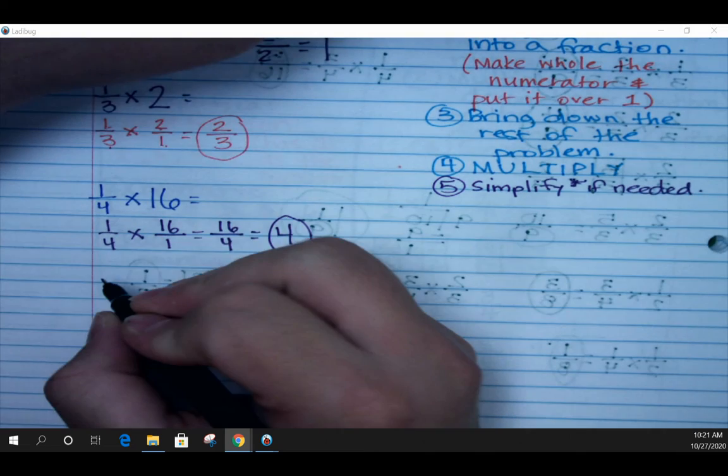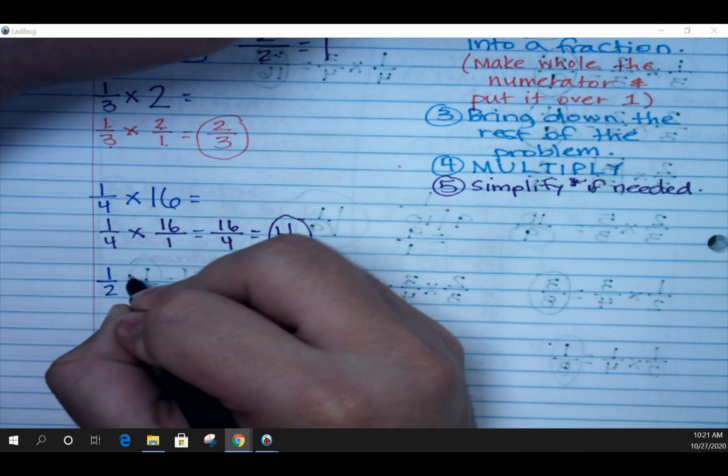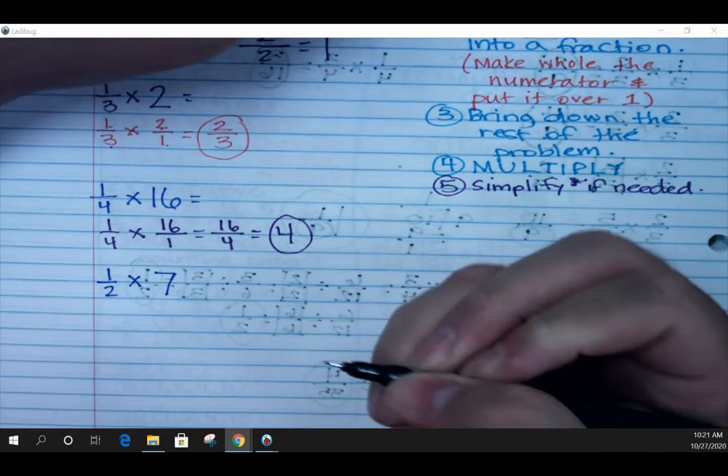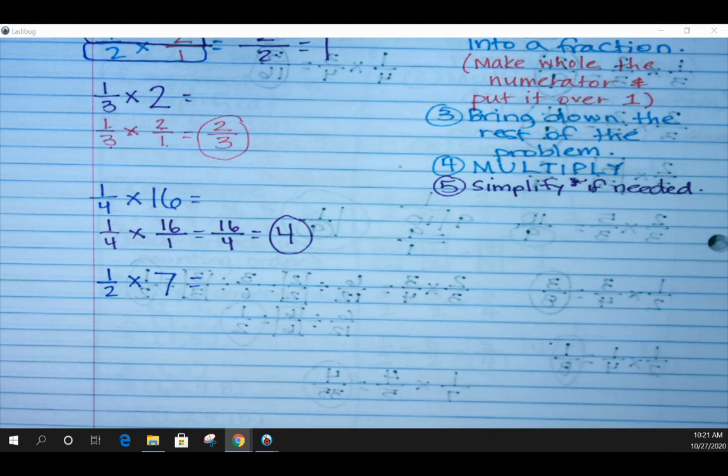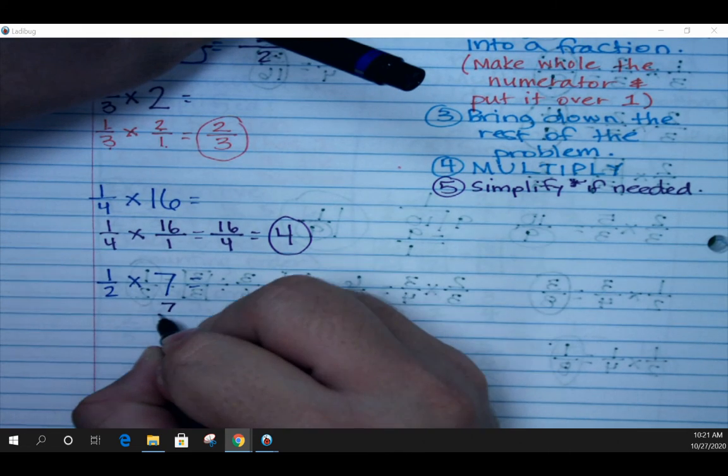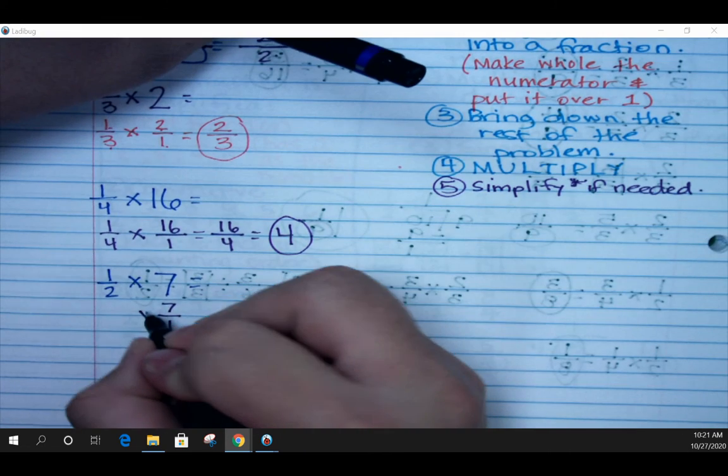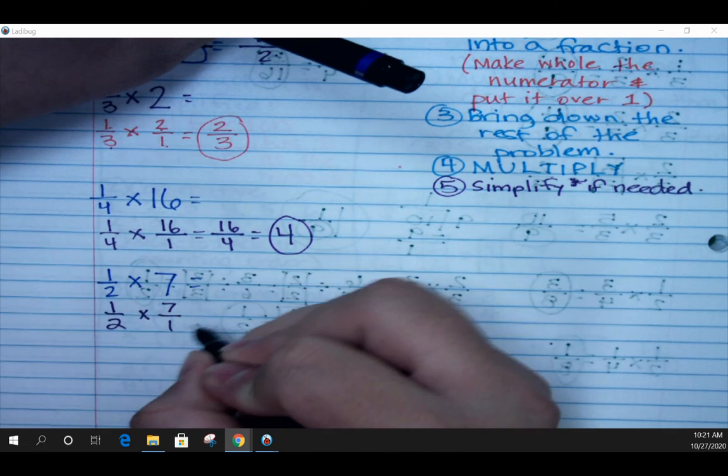Okay, what about 1/2 of 7? It's horizontal. What do I do next? Change it to 7/1. Bring down the rest of the problem.